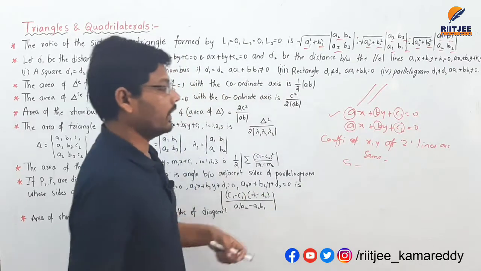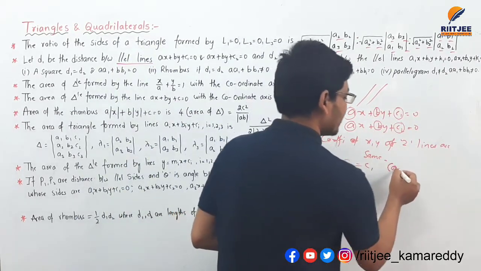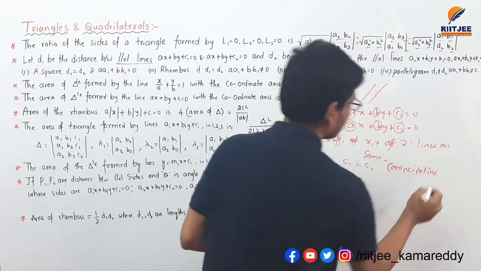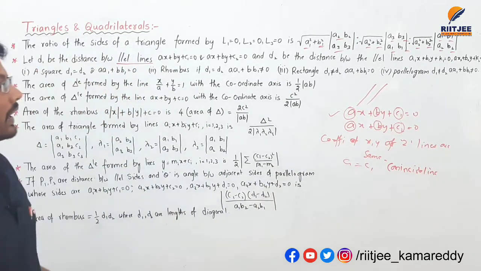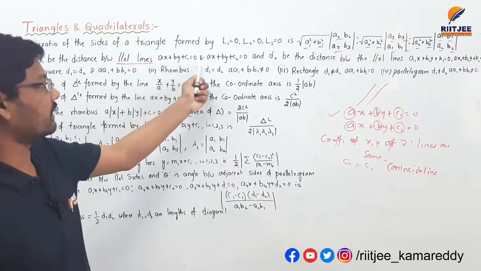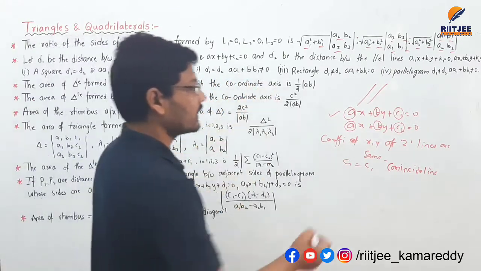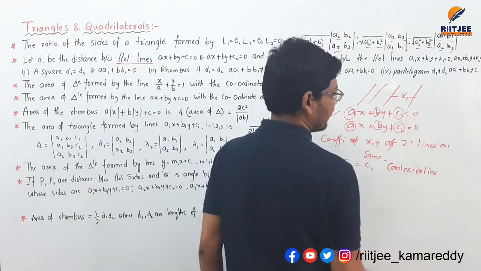If c1 and c2 were also the same, they would be coincident lines. So here we have two parallel lines, ax + by + c1 = 0 and ax + by + c2 = 0, and the distance between these two parallel lines is d1.